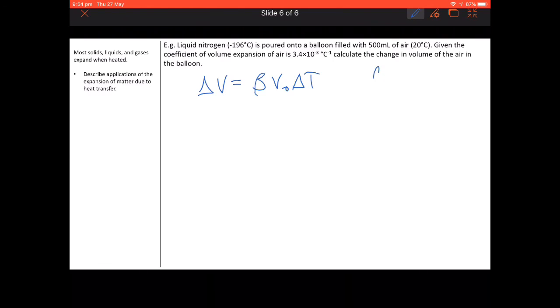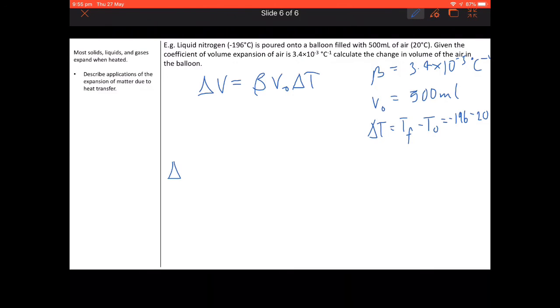Our coefficient of volume expansion is 3.4 by 10 to the negative 3 per degrees, our original volume is 500 ml, and our change in temp, final temp minus original temp, is negative 196 degrees minus 20 degrees.